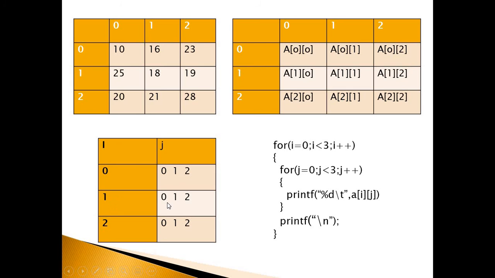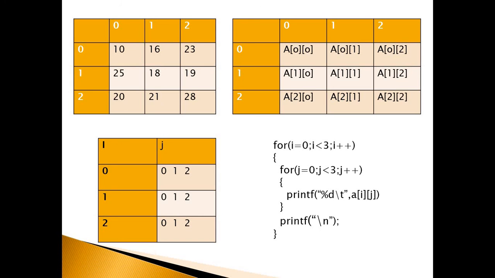So 1 0 means this value which will be printed on the screen. Next, j is incremented. j becomes 1. It prints the value a of 1 1, which is this value. Next, j is incremented. It fetches the next value and prints it on the screen.